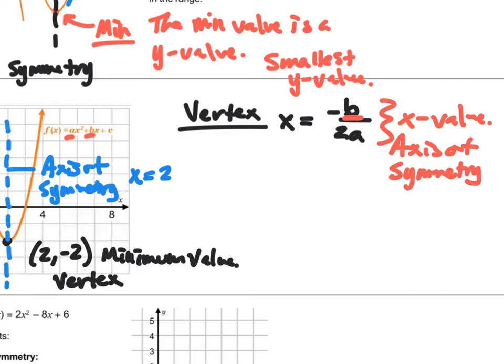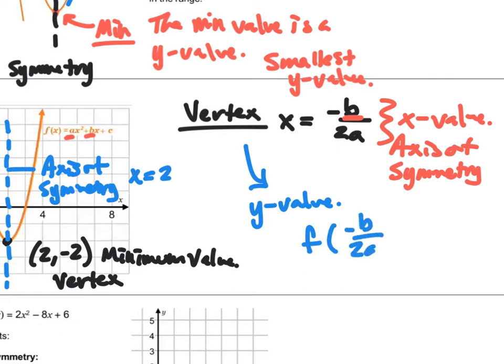In order to find the y value of the vertex, we would plug the value of opposite b over 2a into our function. I'll go over that in a bit, but that's the idea.